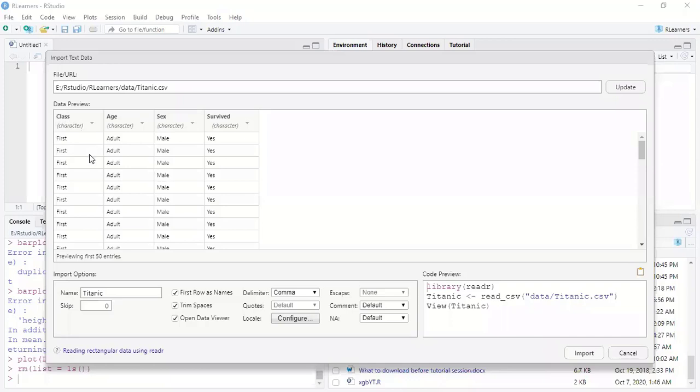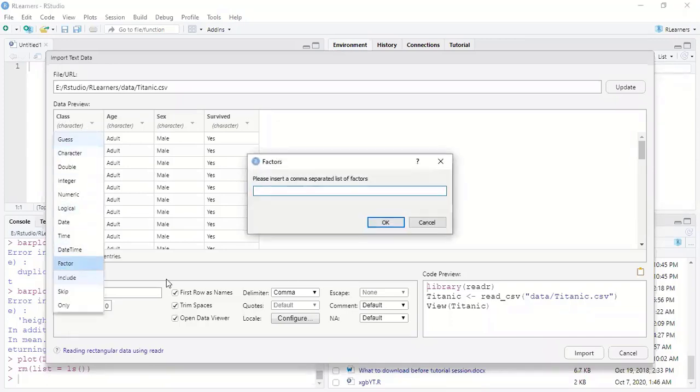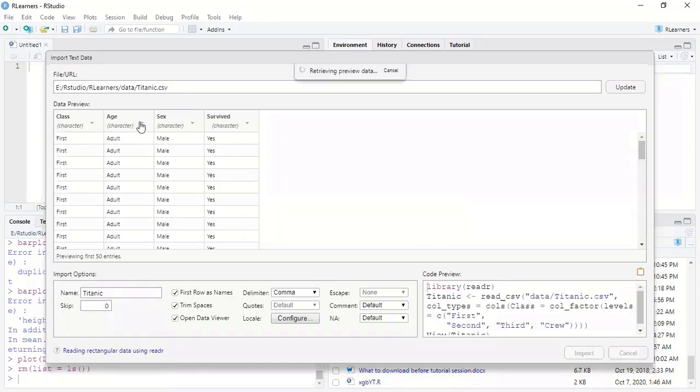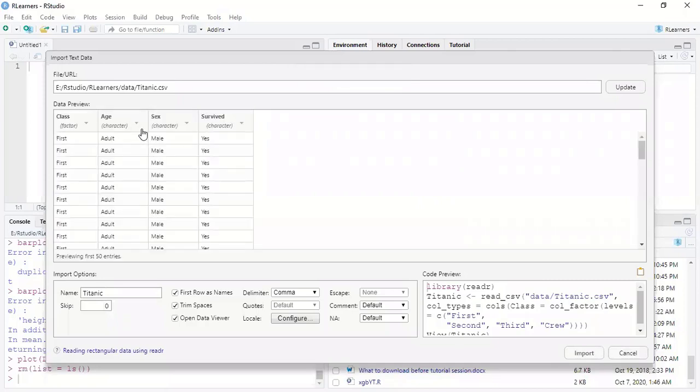There was first class, second class, third class, and there was a fourth class of the crew, the members, the captain, the people who served there, the waitresses, the hostesses, whatever. So those were the classes on that Titanic, that big ship.